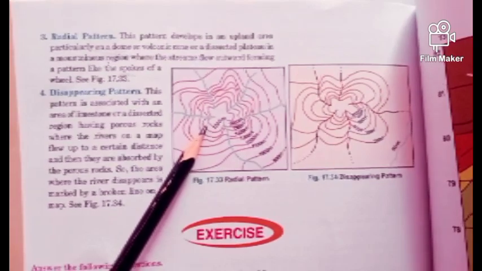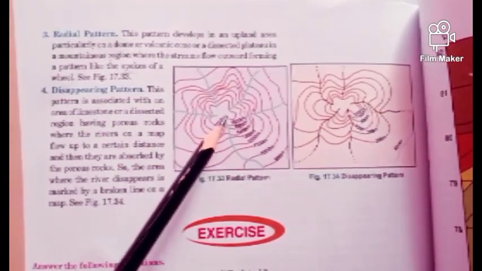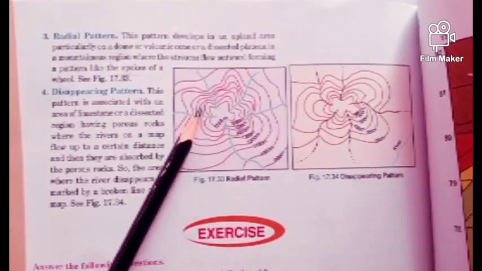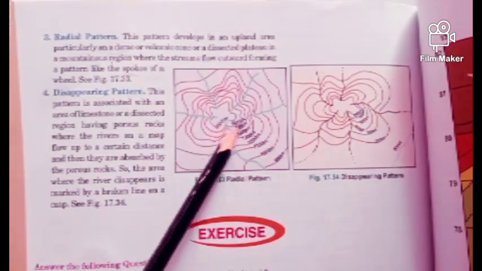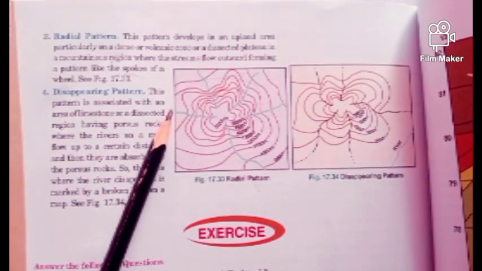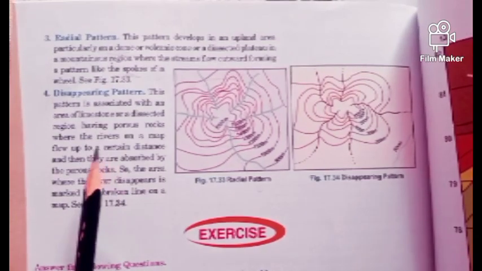This type of pattern is generally recognized as the radial pattern. You can take a look at the picture. As it is a conical hill, many streams originate from the main point and form a pattern looking like the spokes of a wheel. This type of pattern is called radial.